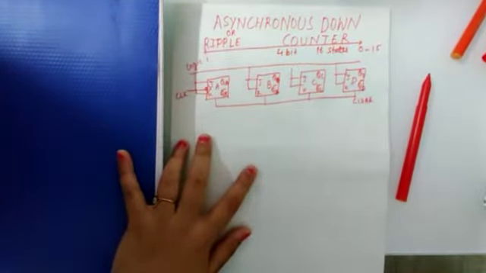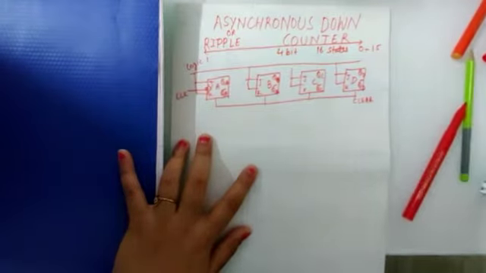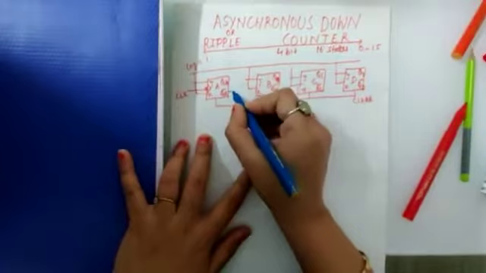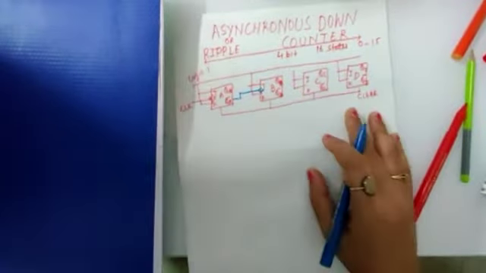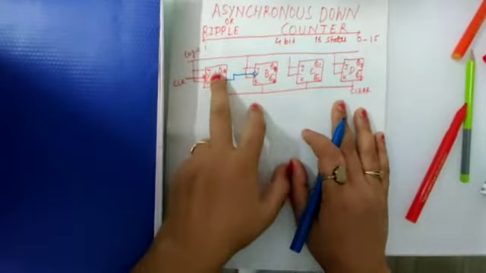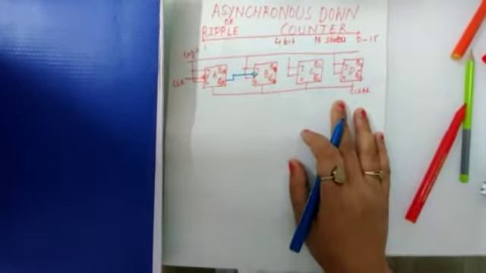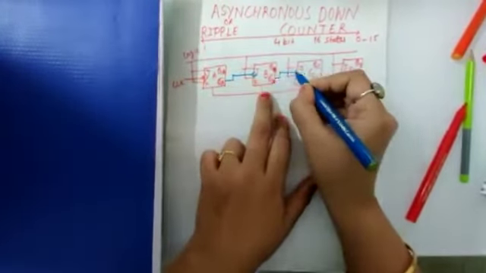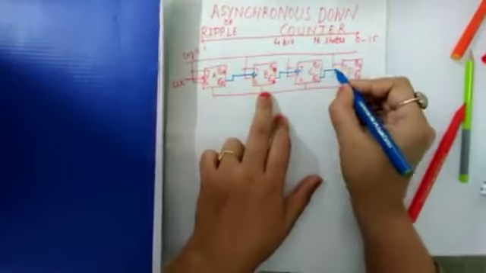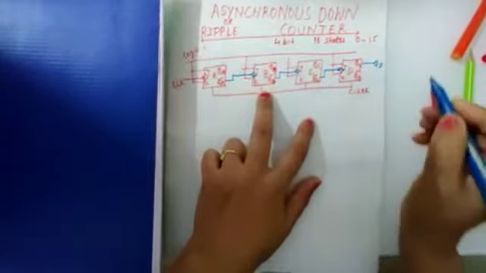Instead of QA, this QA bar will be treated as the clock. This is the only difference. Earlier we gave the output QA to the next flip-flop. Here we are giving QA bar, the complement of QA, as a clock. Here QB bar for down counting. Here QC bar. Okay, and this is QB. Rest is same.